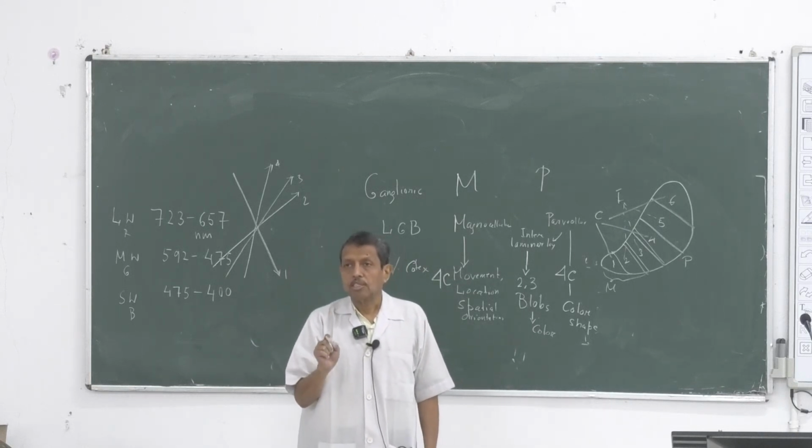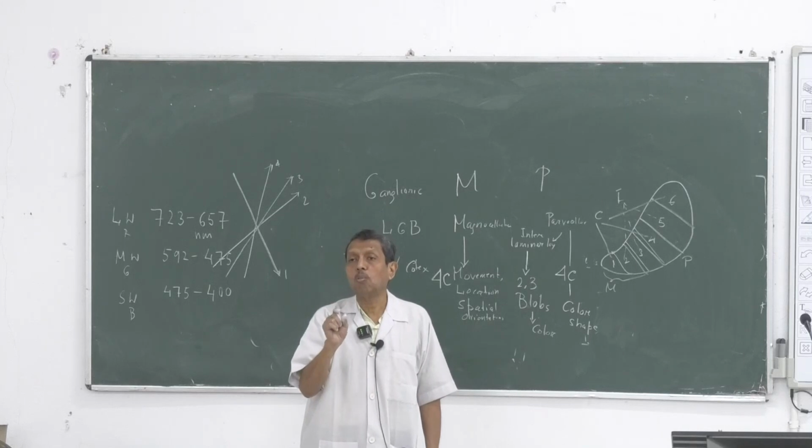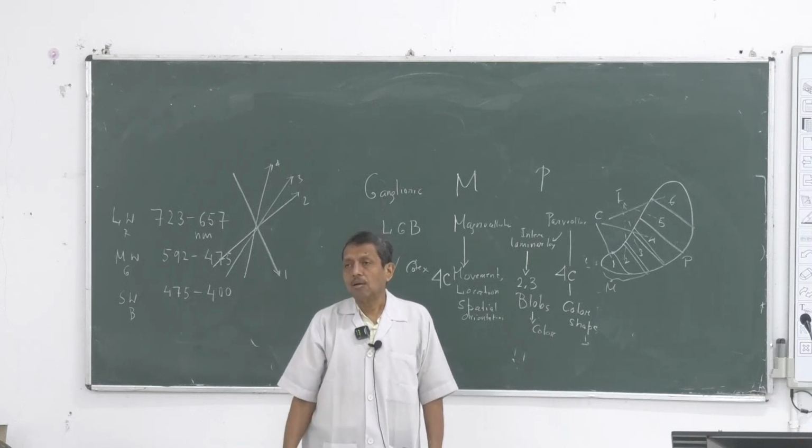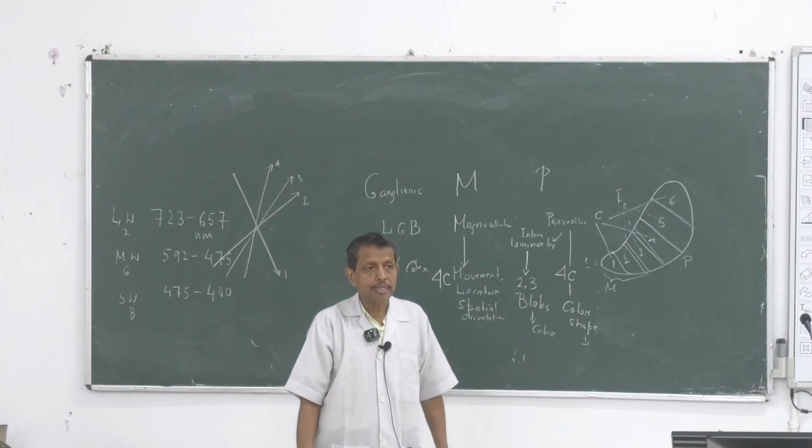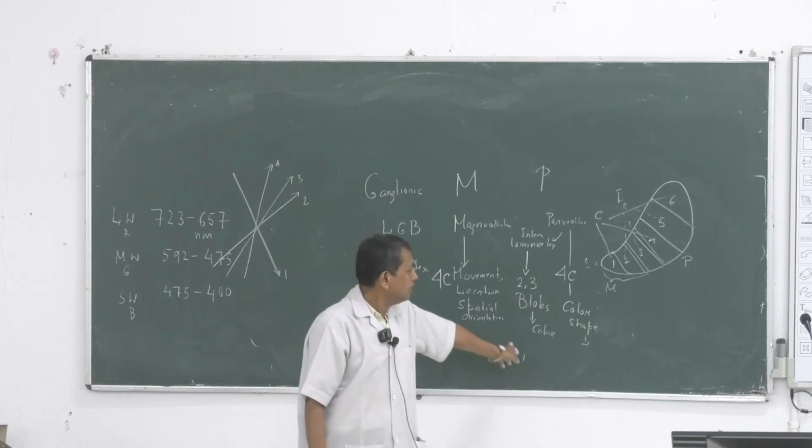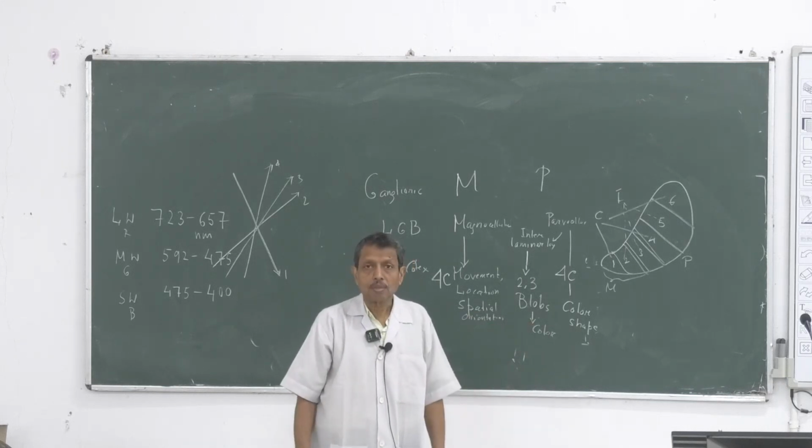Spots, cytochrome, they are rich in cytochrome oxidase, and after staining they give specific patterns or blobs, and they are at the 2 and 3, and they also give these color sensations.